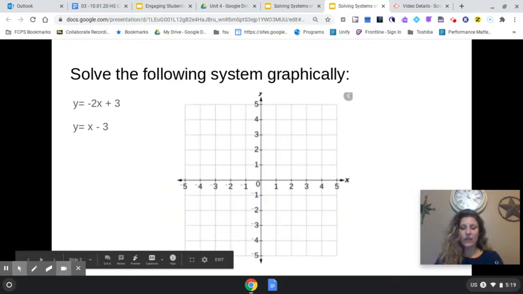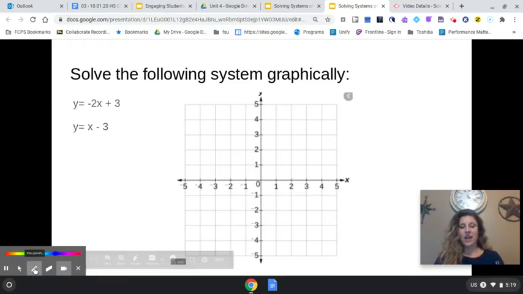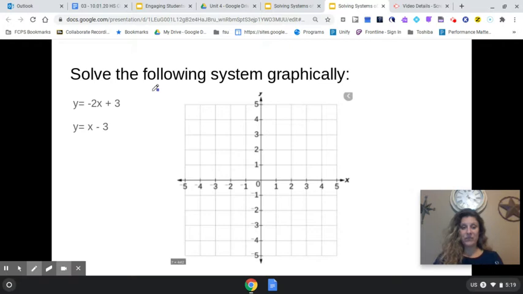All right, our first example, we are going to graph the two equations listed to the left, y equals negative 2x plus 3 and y equals x minus 3. Now, we've spent time already talking about how to graph lines, so this should be review. Our y-intercept for the first equation is at positive 3, so I'm going to place a dot at positive 3.